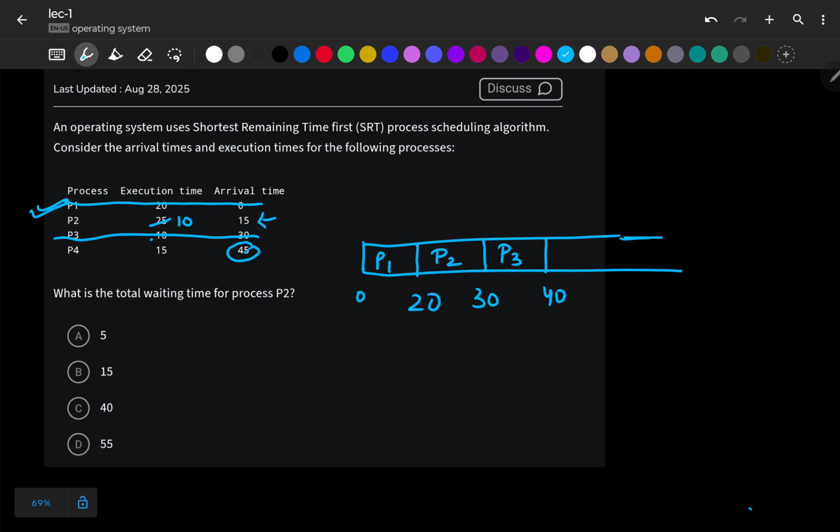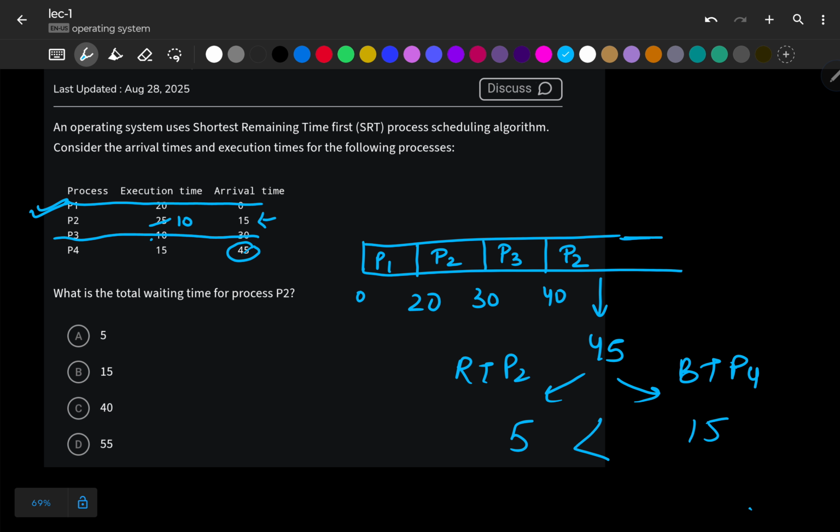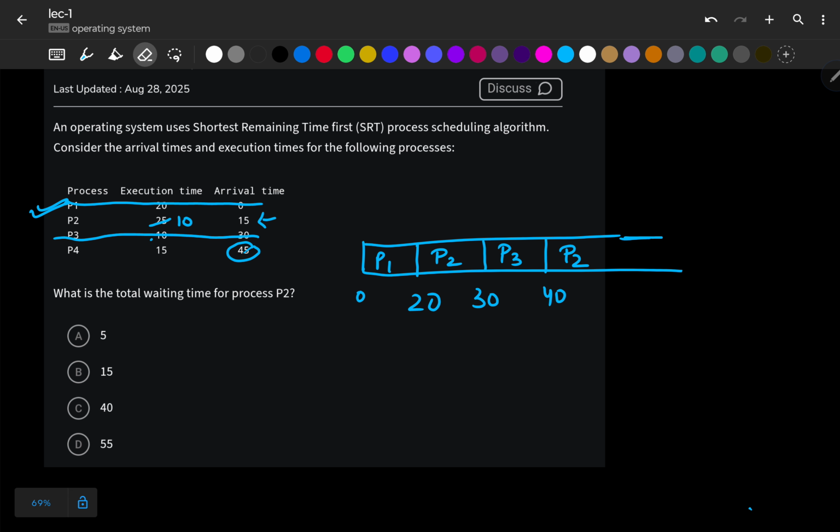So at time 40, we will run this process P2, and at the time of 45, we will check the remaining time of P2 and the burst time of P4. The remaining time of P2 will be 10 minus 5, 5, and the burst time of P4 will be 15. Which one is less? P2 is less, so we will continue executing the process P2 until its completion.